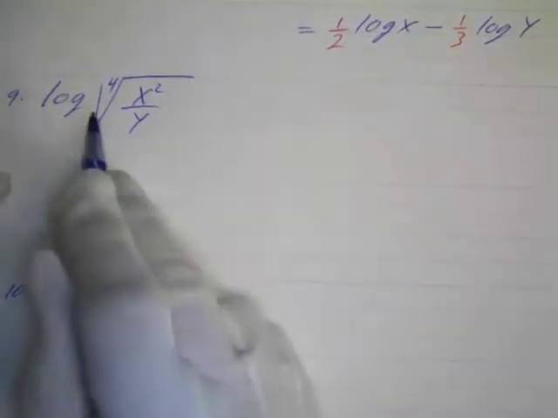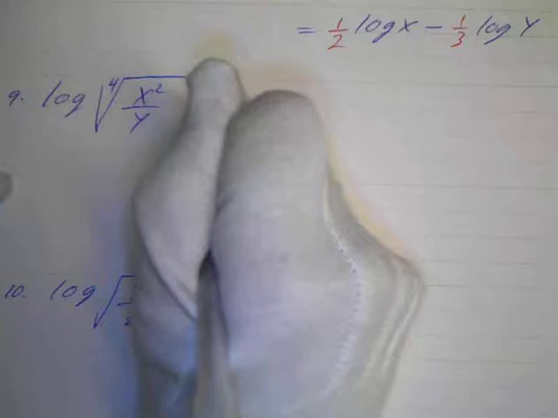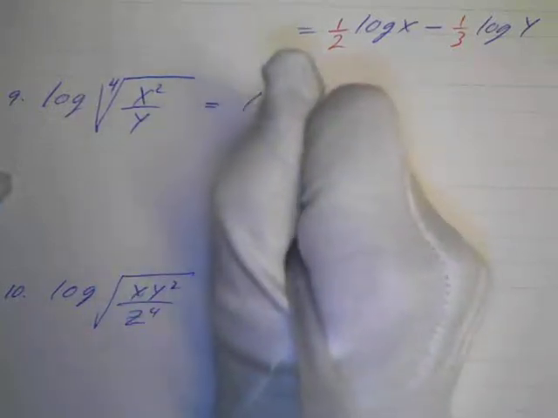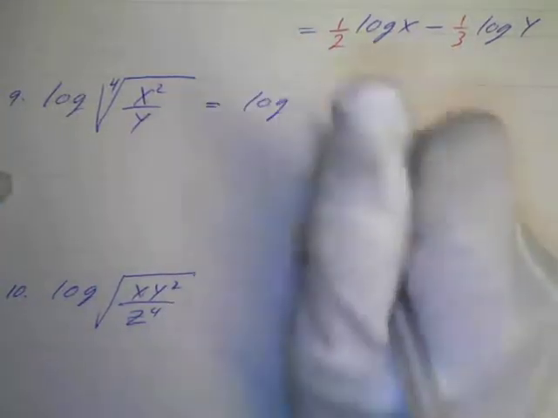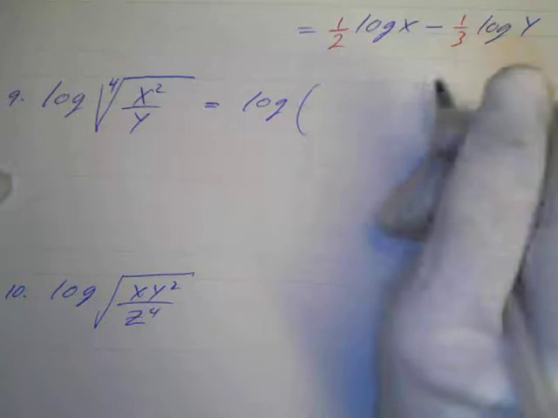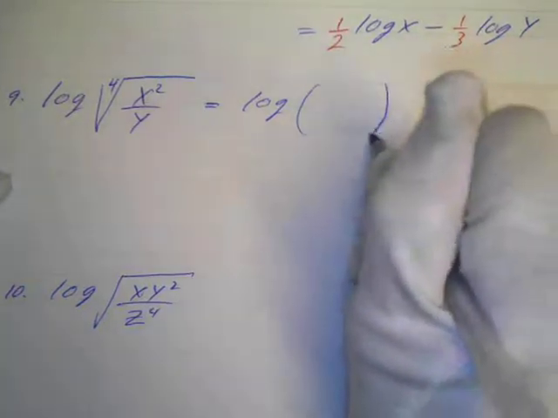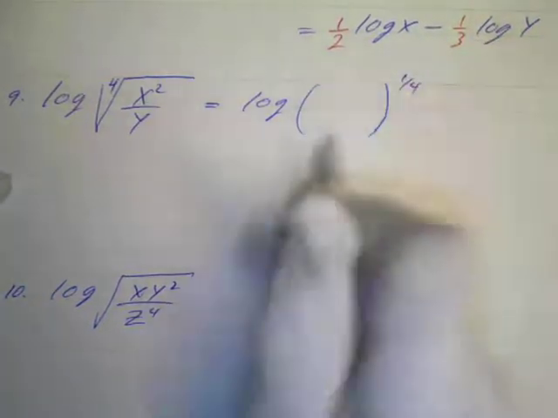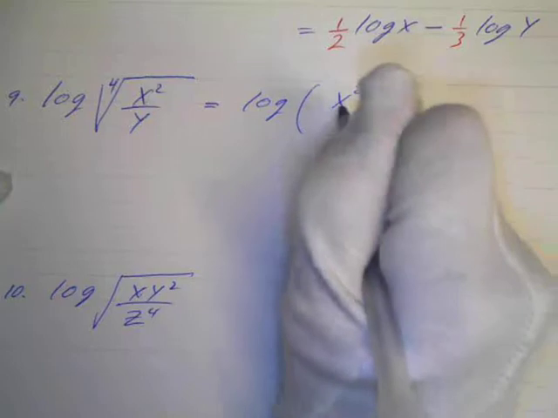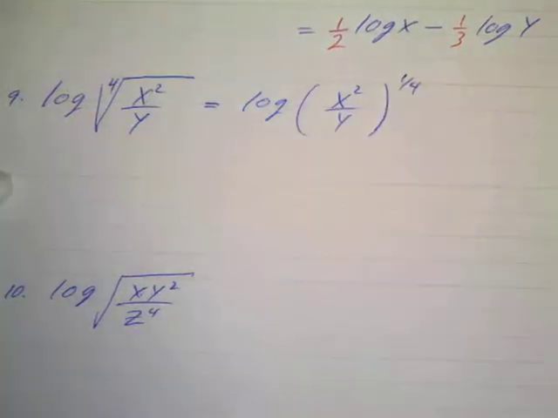First of all, we don't like the root, so we're going to write this as an exponent. We'll write this as the log, and the 4th root is the 1/4 power, so it'll be the 1/4 power of x squared over y.